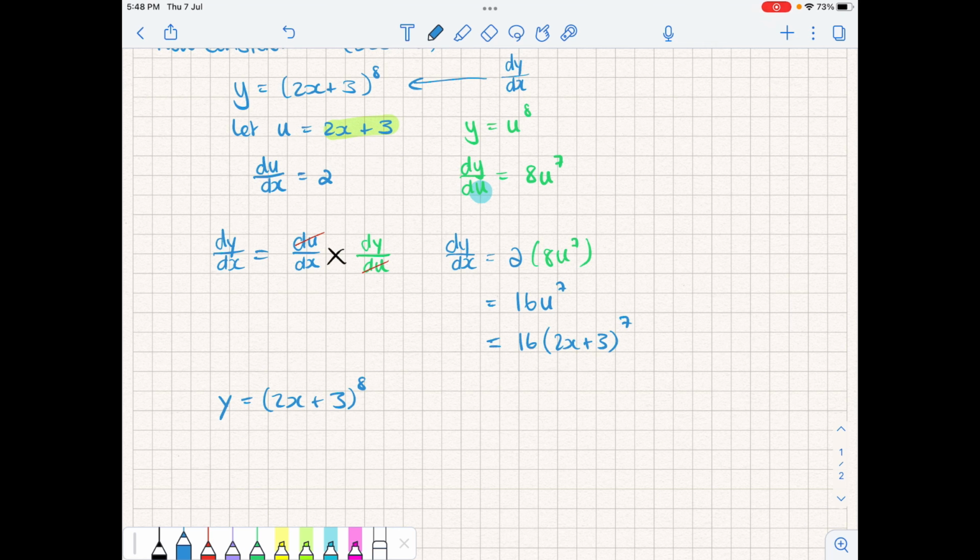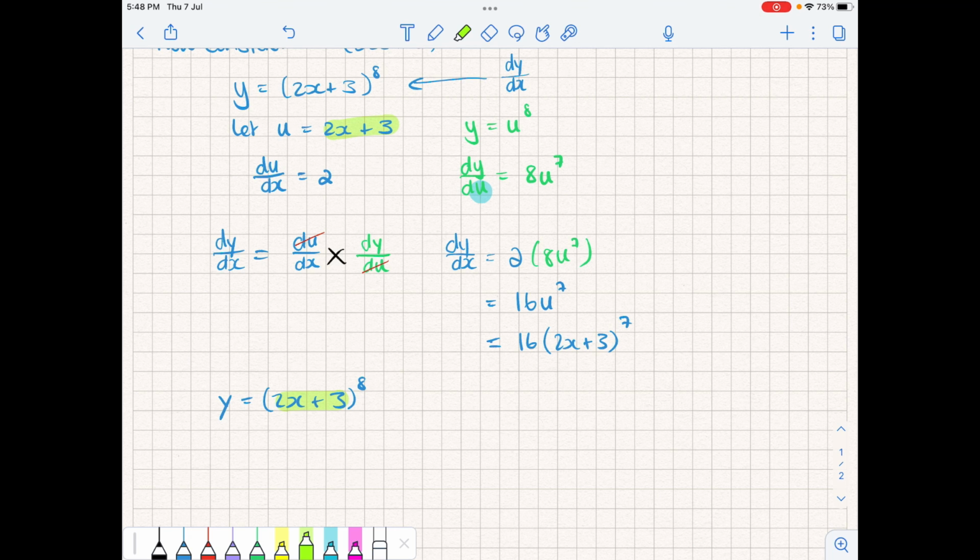What we did when we let u equal the function on the inside is we essentially differentiated the inside function, and then we differentiated the outside function. So if we just ignore the fact that this is 2x plus 3 in a bracket and just think of it as one thing, we were basically differentiating that thing as itself.